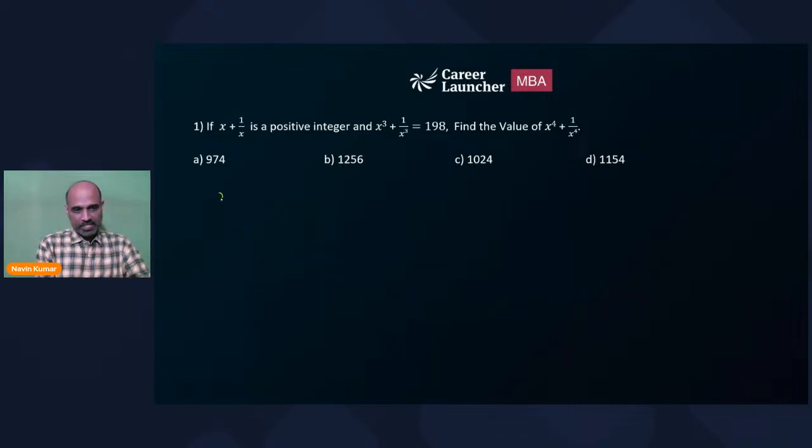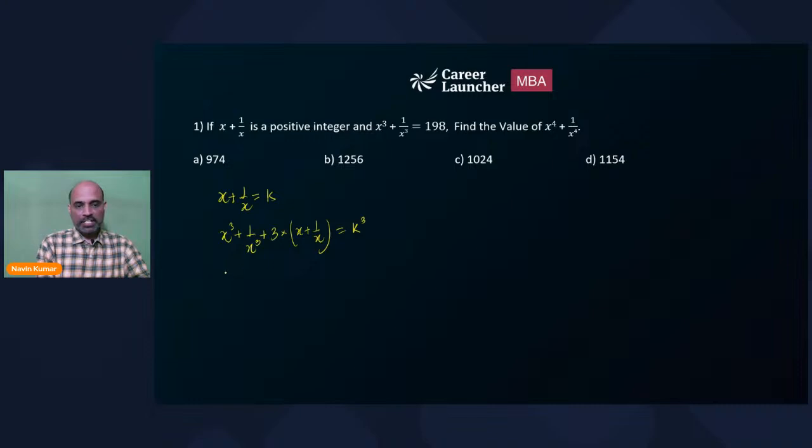So let's say x plus 1 by x is equal to k. Now, if I cube on both the ends, I will be getting x plus 1 by x whole cube, which results in x cube plus 1 by x cube plus 3 times x plus 1 by x, right? And this results in k cube.